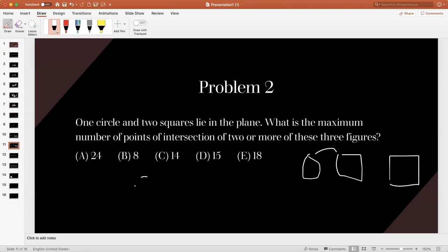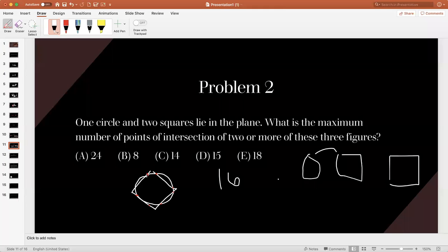The maximum number of intersections between a circle and one square is 8 intersections. Since one square has 8 intersections with the circle, and we have two squares, that means 2 times 8, so a total of 16 intersections between the circle and the two squares.